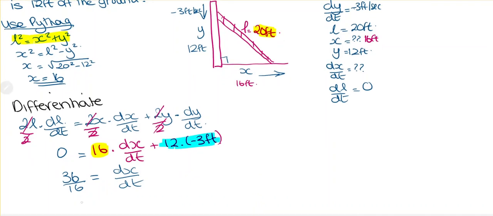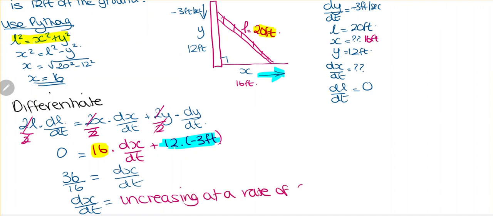And dx/dt, the rate of change of the ladder, so the ladder is slipping away, it's moving at a rate, so it's increasing at a rate of 2.25 feet per second. We're working in seconds.